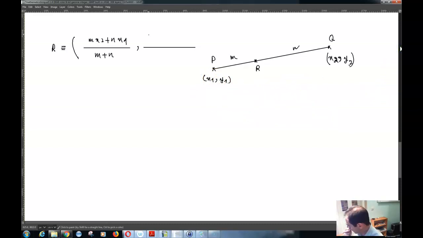So let's get back to what we were doing, which was talking about the external division of a line through a point, and so on and so forth.